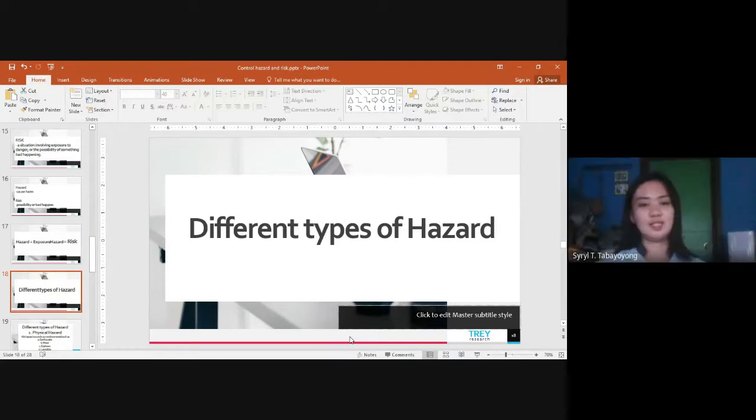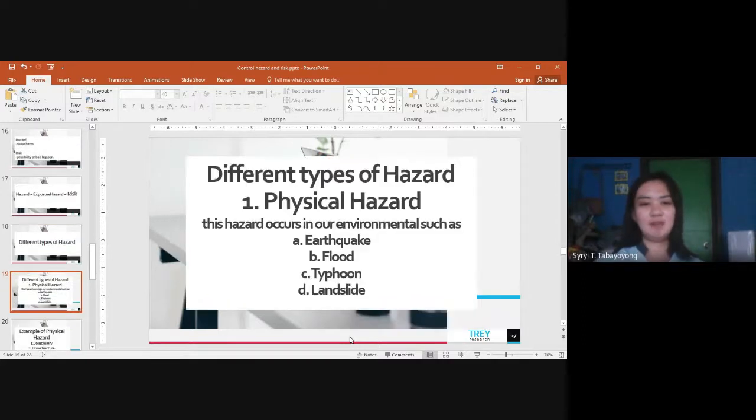So in this lesson, we will also identify the different types of hazard. Number one is a physical hazard. It states that this is a hazard that occurs in our environment, such as earthquake, flood, typhoon, and landslide.